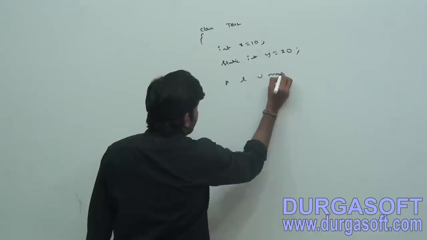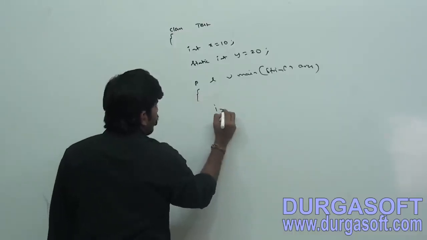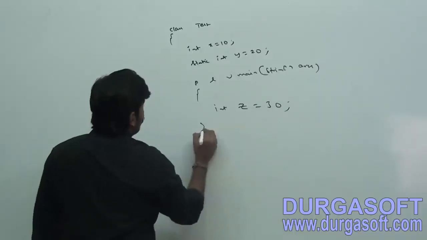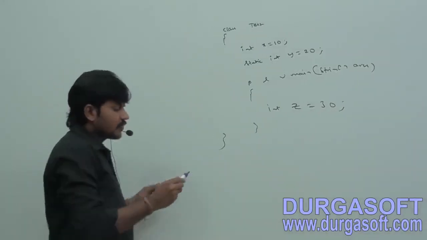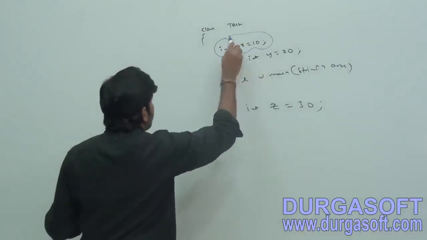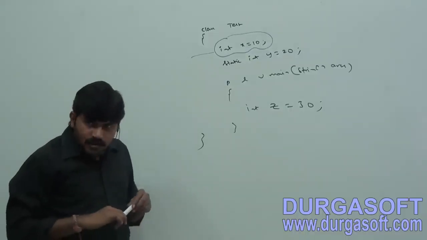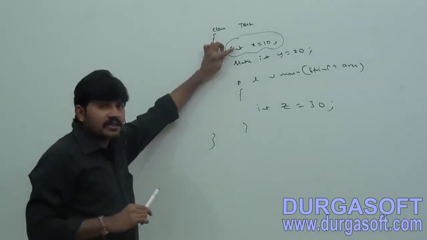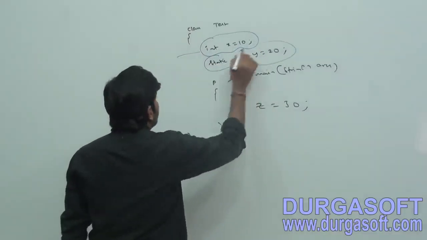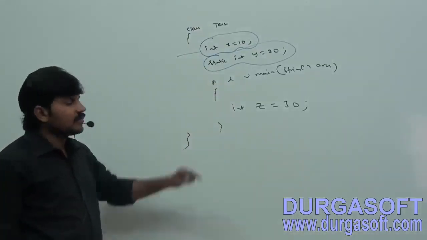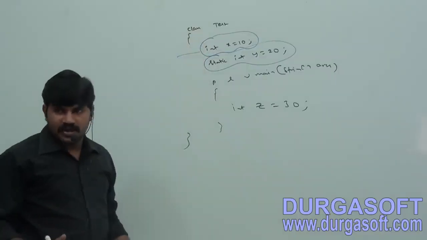Public static void main method string array args, what is this variable? Local variable, right? Now my point is, if we are not declaring an instance variable with any modifier, then by default it is always default, which means we can access it within the current package. If we are not declaring the static variable with any modifier, then by default we can access it anywhere within the current package.